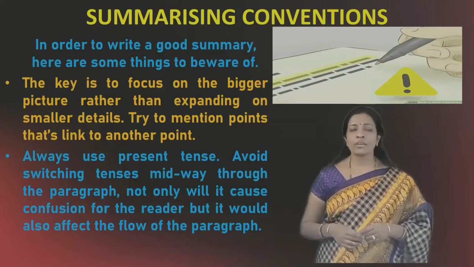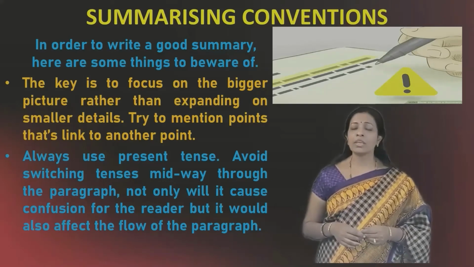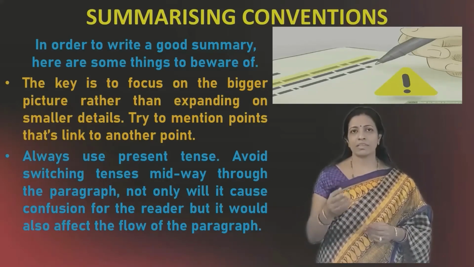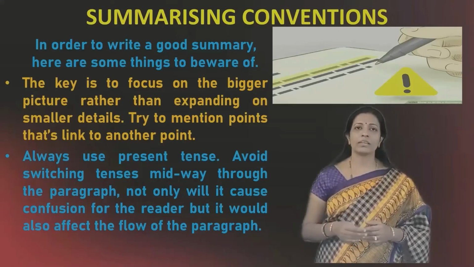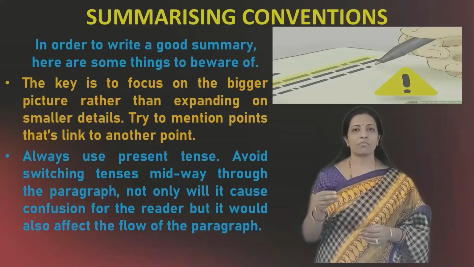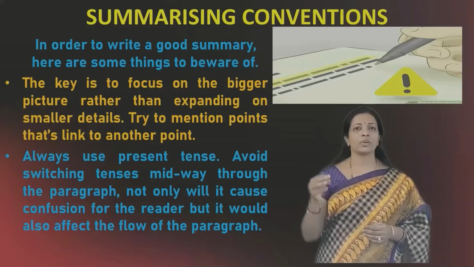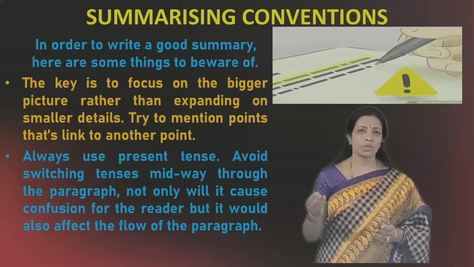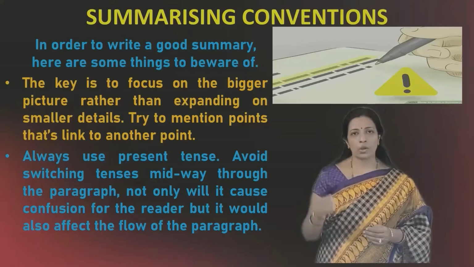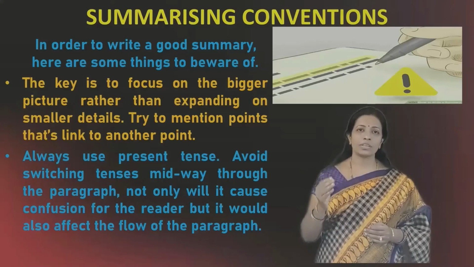So, students, whenever you are writing a summary, please follow these basic conventions. Always mention the name of the writer. If you know some extra information as to where he is working or which university he belongs to or any such information, you can always add it. Also, never try to change the meaning of the text.